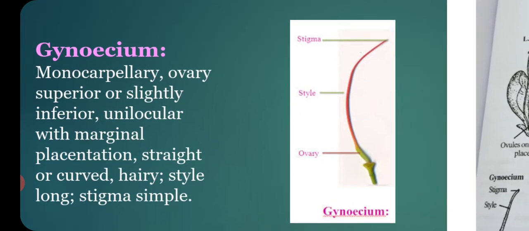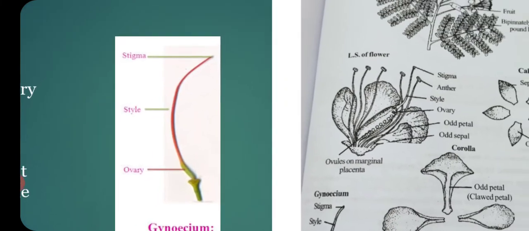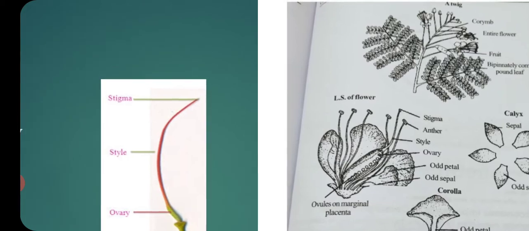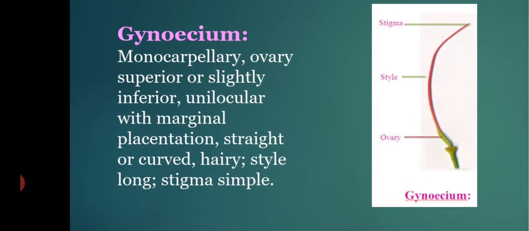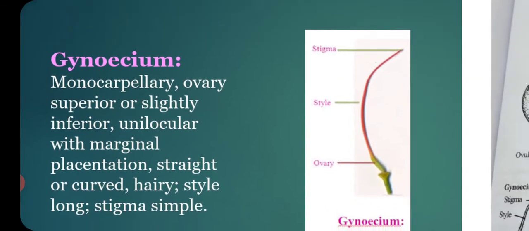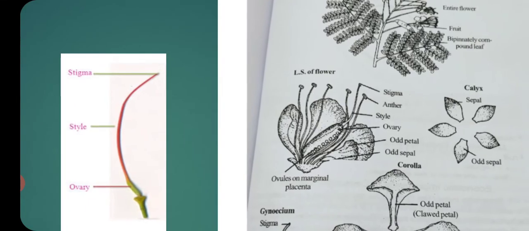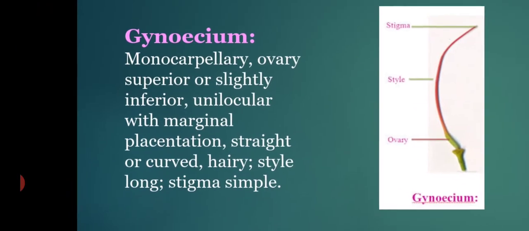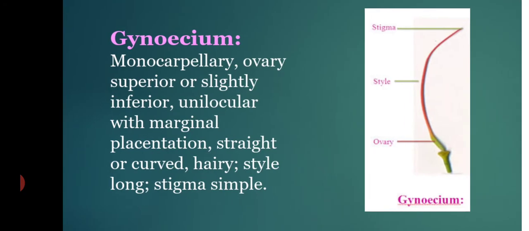ovary, superior or slightly inferior, unilocular with marginal placentation. Here we can see this marginal placentation. One side we can see the seeds. Okay, and straight or curved. Here it is curved. In this example, Caesalpinia, it is slightly curved. Then hairy, and when viewing through a dissection microscope, we can see those hairs, and the style is very long.